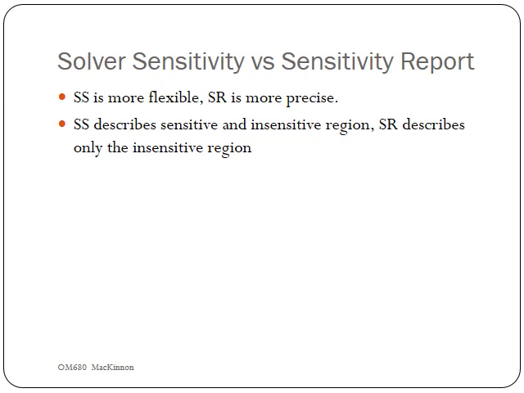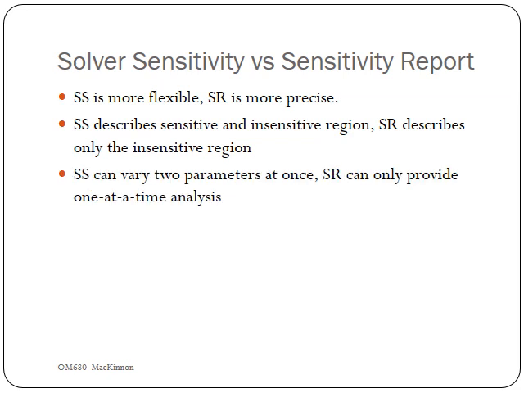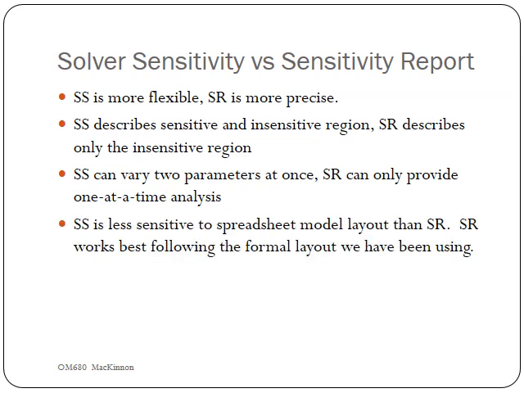So it'll give you a range of how far you can go up or down before something changes, but it doesn't really tell you what's going to happen when you get to the change point. Solver sensitivity can vary two parameters at once, whereas the sensitivity report can only tell you what's going to happen if you vary things one at a time.